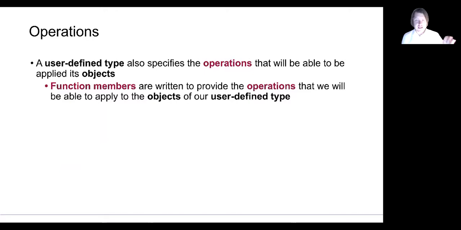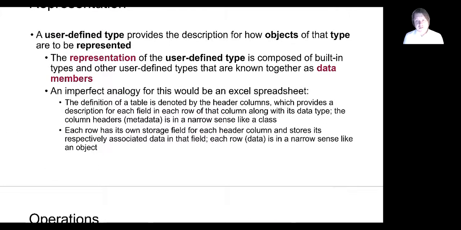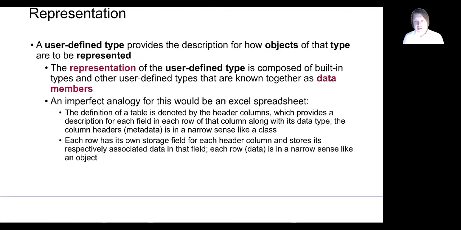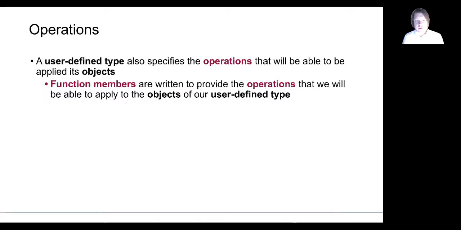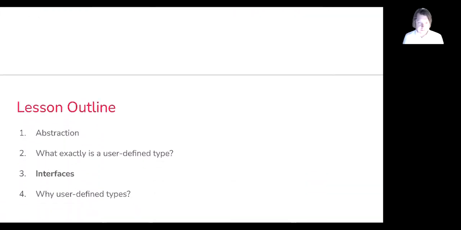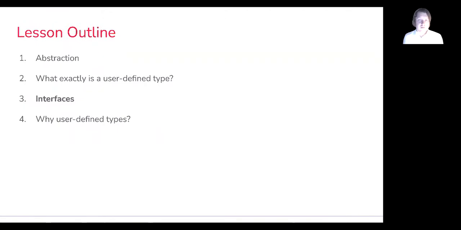So at this point, we've said that any user-defined type we create is going to have a representation, which is some sort of collection of built-in types and other user-defined types to create the data members that that type will own. Operations are going to be implemented as function members, and they will be things that we will be able to apply to objects of our type. So now let's have a brief discussion of, well, how can we actually interact with the objects of our type?